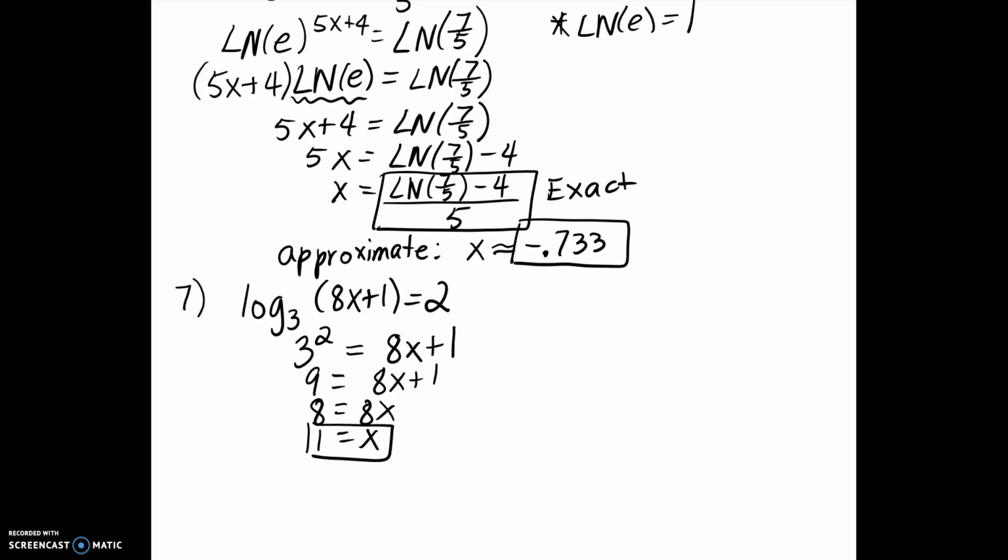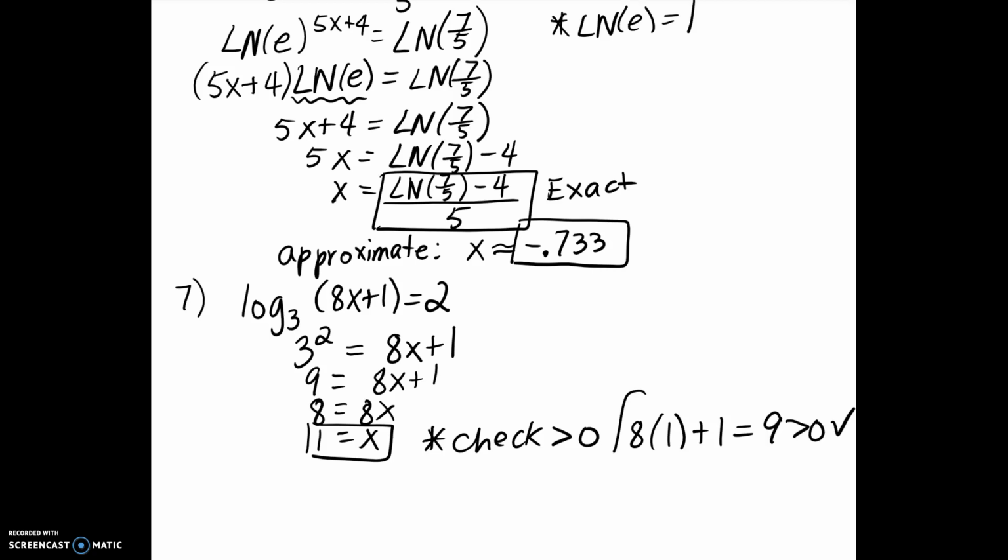Now, for all of your log equations, you want to check that the inside of the parentheses is greater than 0, and also that the base is greater than 0. So I'm just going to plug in a value. You can do a visual check.